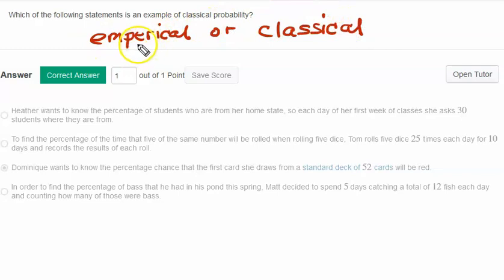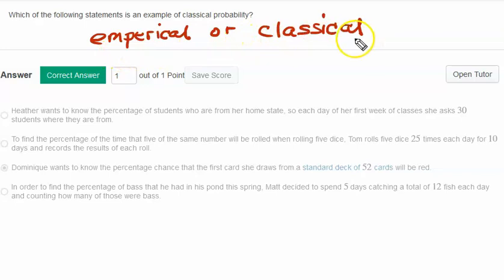Now, empirical relates to our flipping of that styrofoam cup. We did a trial and we got some results, and that in a sense relates to our probability. That would be empirical when you try something and just get those results.